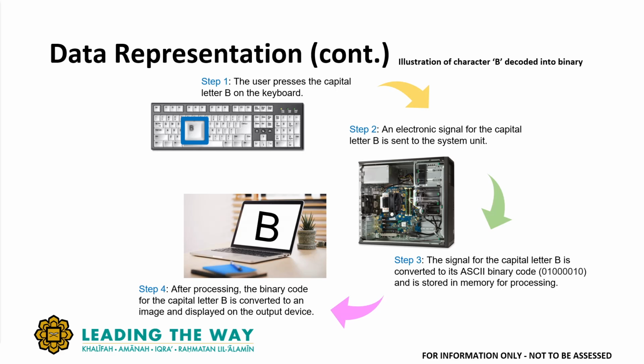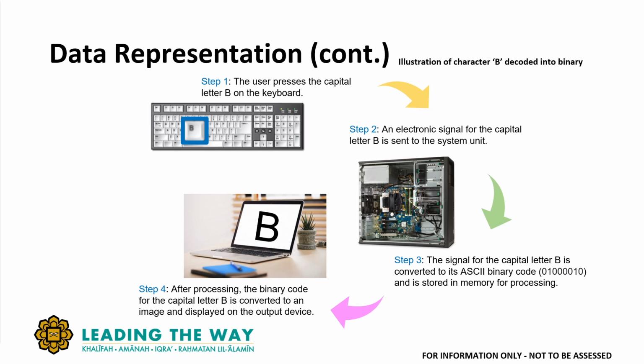This slide illustrates the character B being encoded into binary and how it is displayed back to the users. Computers convert text and other data into binary by using an assigned ASCII value.